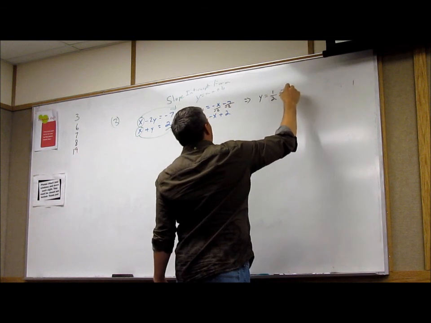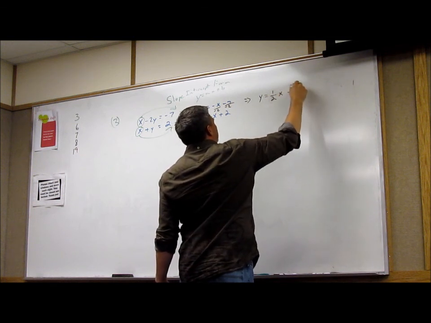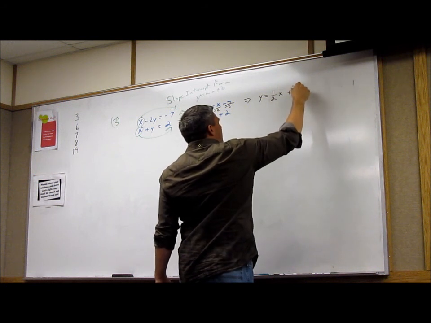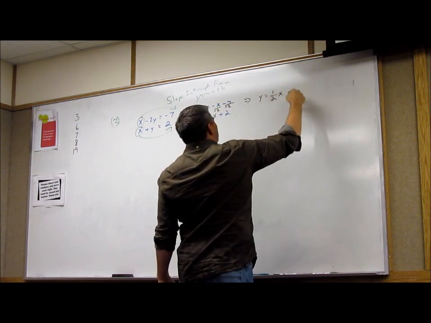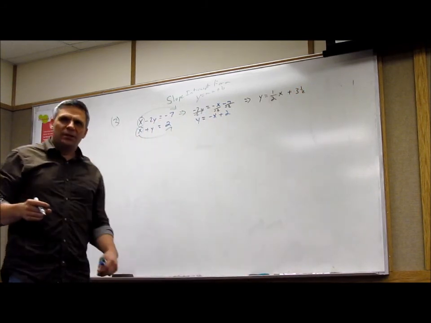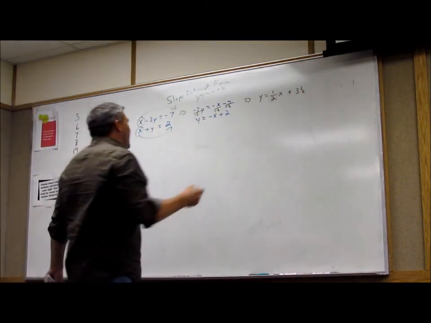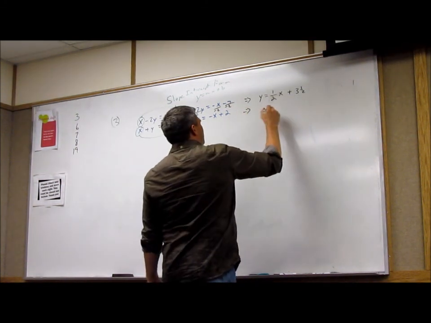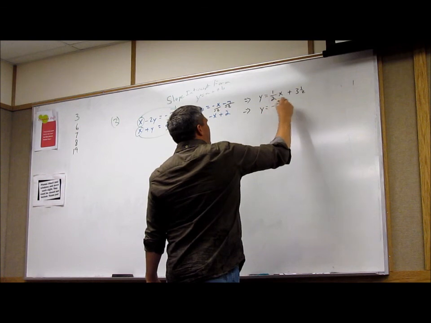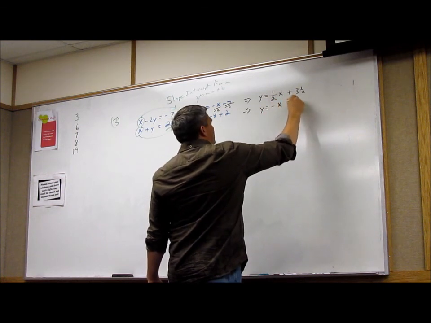Then I've got another negative and a negative, so that makes another positive, and it's just 7 over 2. Which in this case, you can break it down into 3 1/2. Alright, and the next one is the same. So it's just y is equal to negative x plus 2.